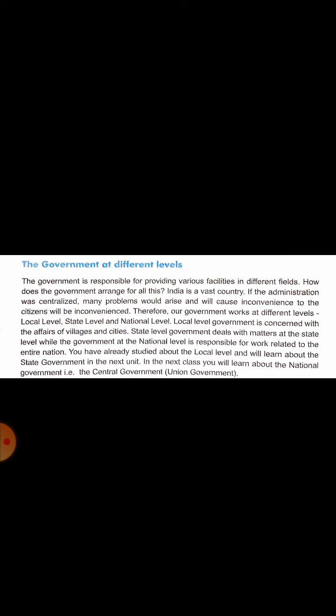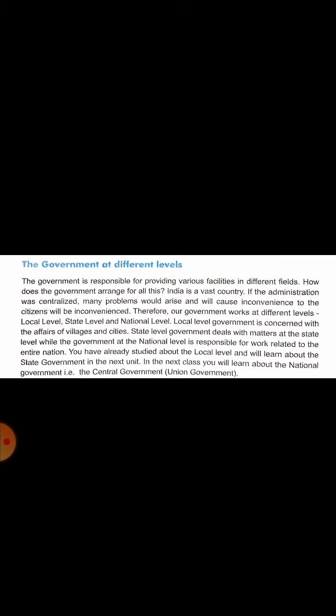So we know that India is a vast country. What is the meaning of vast? It's a big country. India is a big country. Population-wise it is very big, and land-wise it is a very big country. If only the central government is there, then administration is not possible all over India.